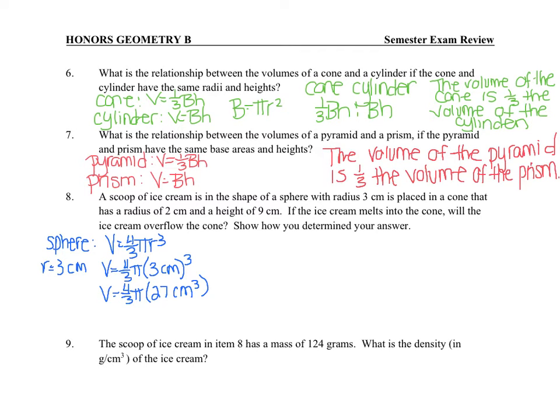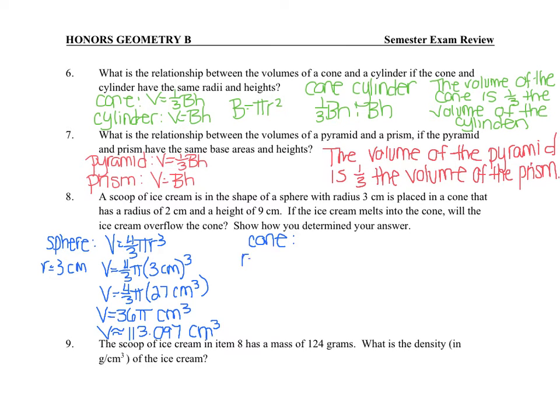Well, 27 times 4/3 is basically 27 divided by 3, which is 9, times 4, so we have 36 pi centimeters cubed. And this is going to come out to approximately 113.097 centimeters cubed.